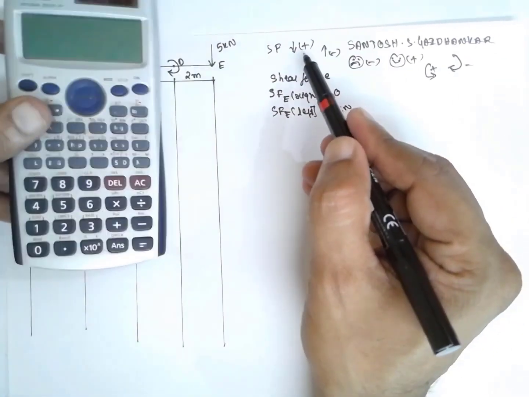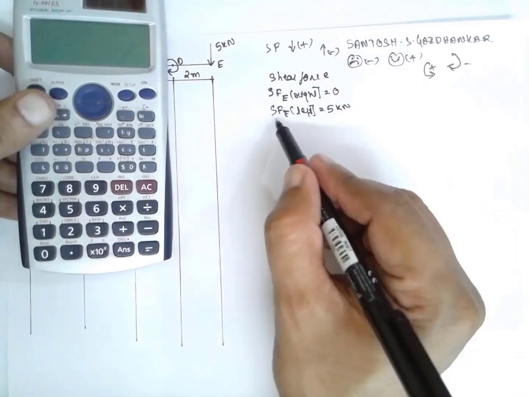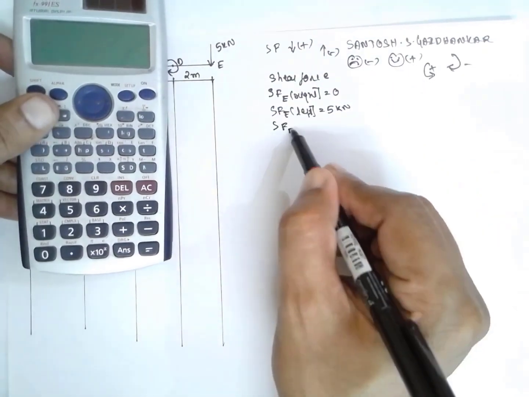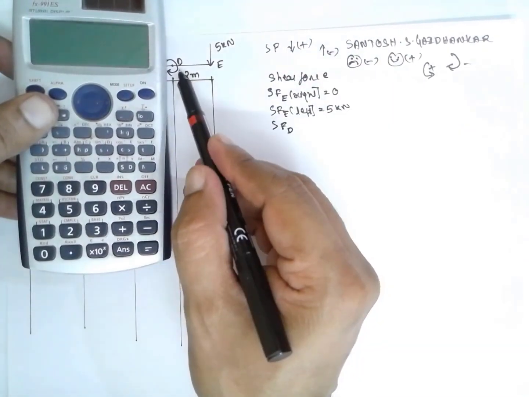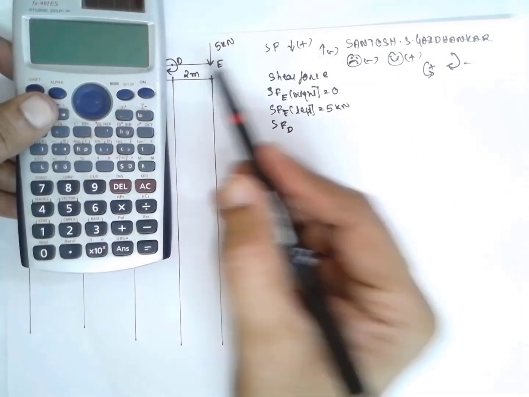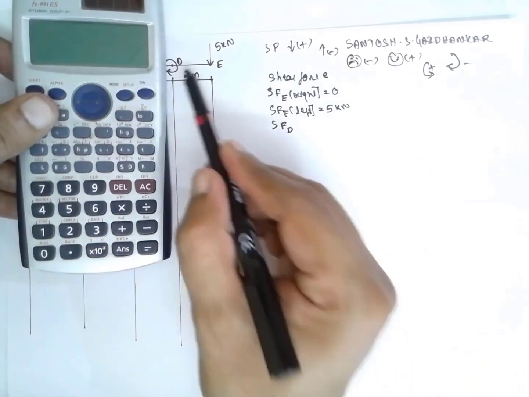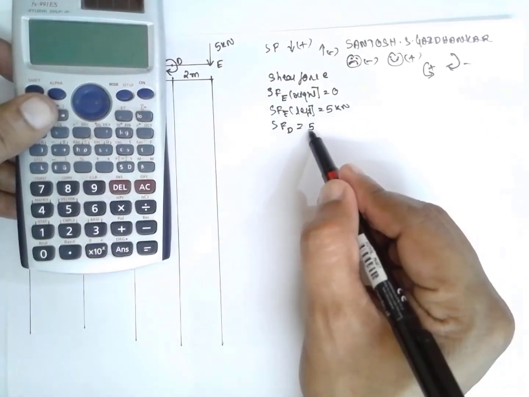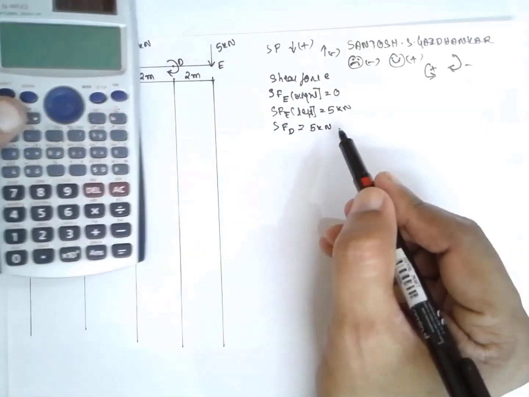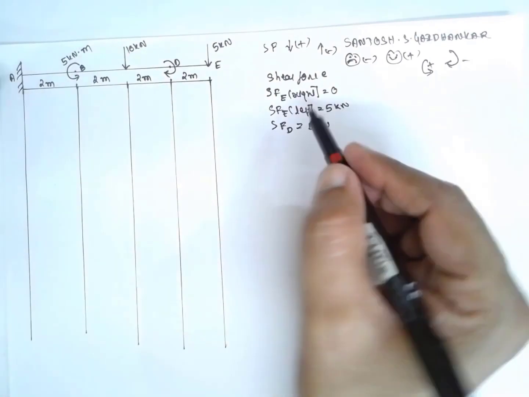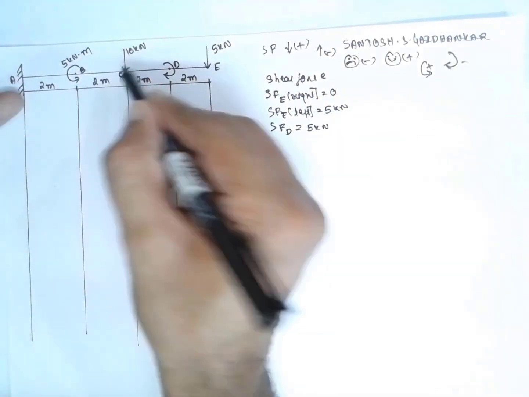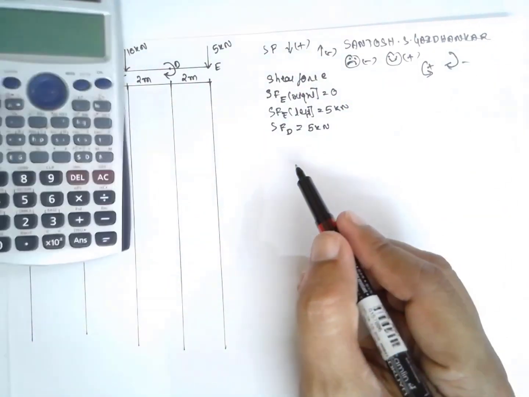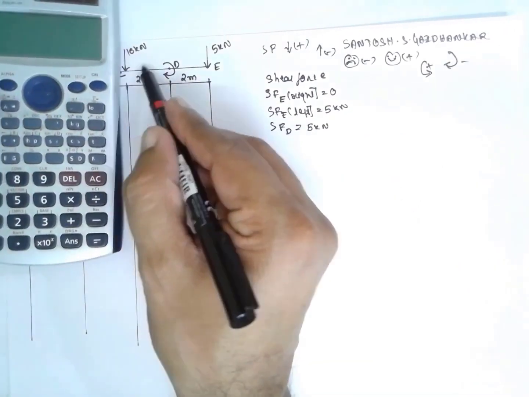Next, at D, the couple doesn't have an effect on shear force. Only a single value for D, equal to the previous value, 5 kilonewton. Next, at C, there is a point load, therefore you have to consider right and left.